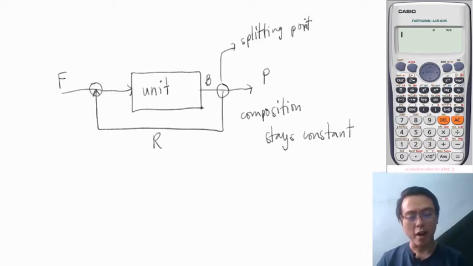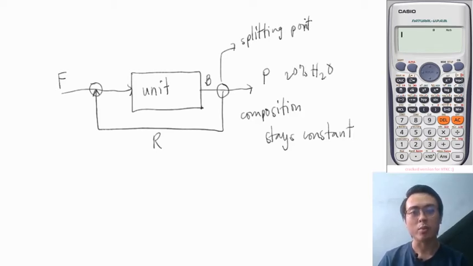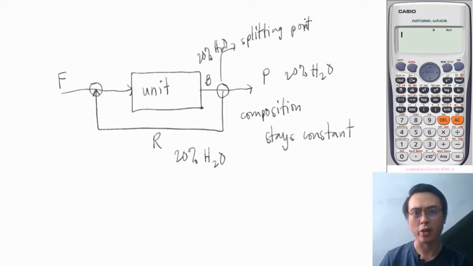For example, if I say that my product contains 20% water, this also means that my recycle contains 20% water, and my stream B, which is the output of the unit, should also contain 20% water. Because remember, you're not doing any separation or any fancy process. You are simply dividing the stream. Therefore, they should have the same composition. But they will not have the same flow rates or the same masses.